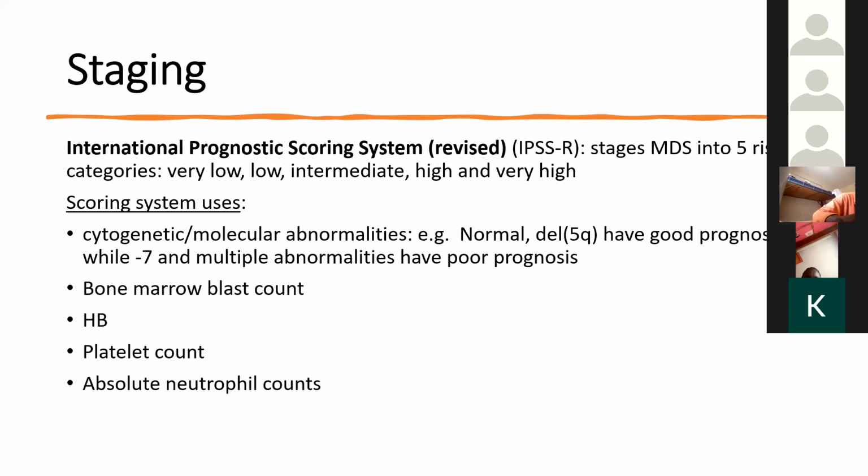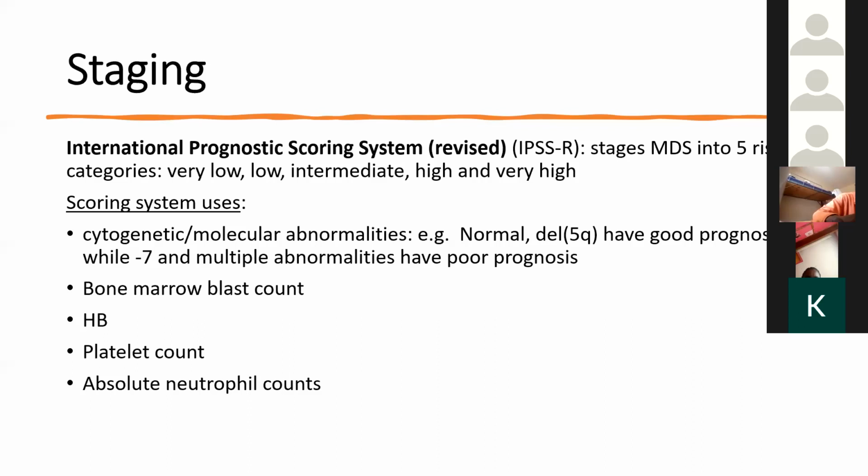Bone marrow blast count: is it less than 5? Is it more than 5? Is it between 5 and 10? Is it between 10 and 19? Again, scores are given for that. The hemoglobin level: is it less than 10? How much lower than 10? Is it more than 10? Again, that gives you a score. The platelet counts similarly, and the absolute neutrophil counts.